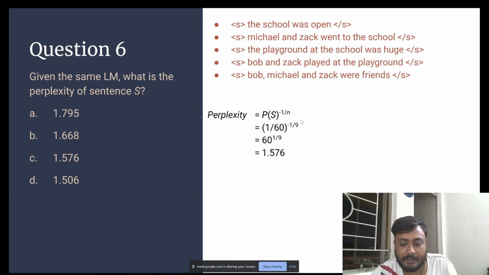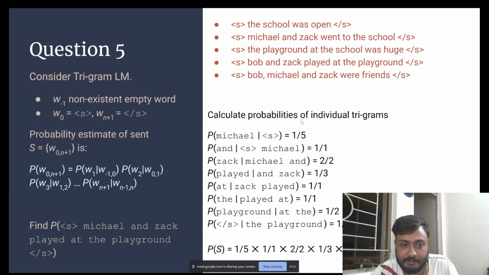All right. So, in case you got confused, let me just say once again. Whatever the notation is, W0, Wn plus 1, probability of W0 given n plus 1 and all these things, these are for calculating the probability. When you do the calculation for perplexity, then you need to take the entirety of whatever is inside over here.